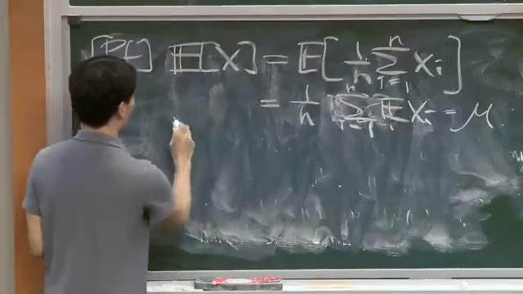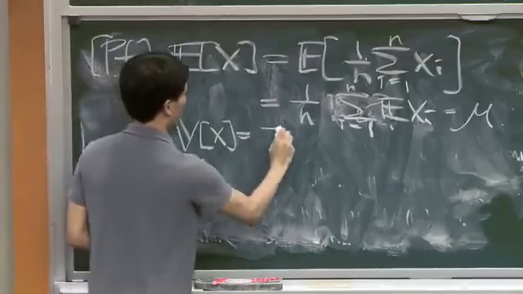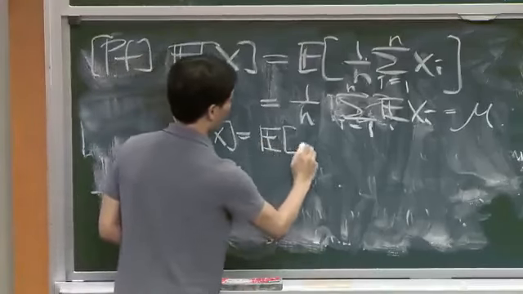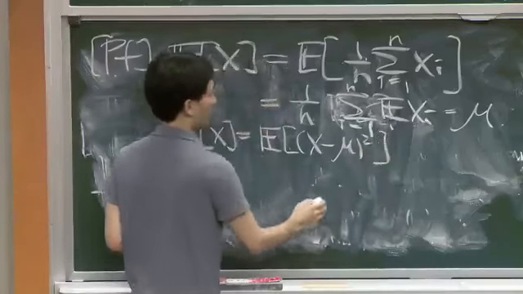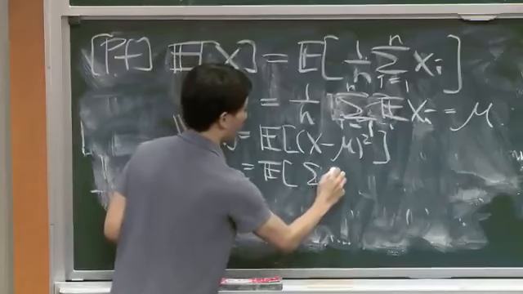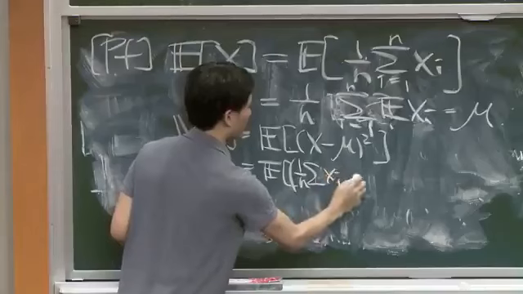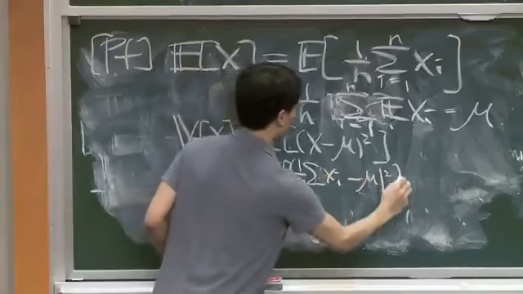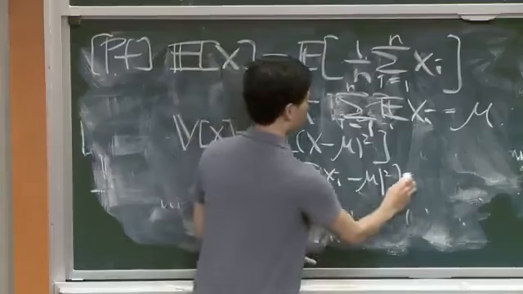And then the variance. What's the variance of x̄? That's the expectation of (x̄ minus mu) squared, which is the expectation of (the sum over all i's minus mu) squared. Now group them.